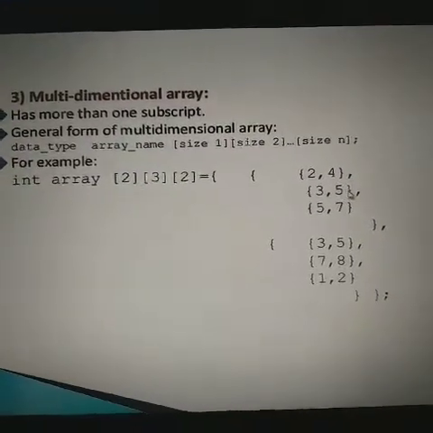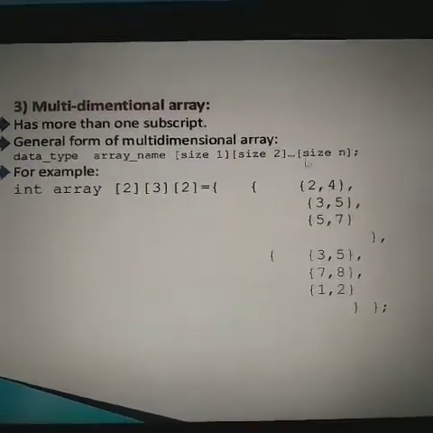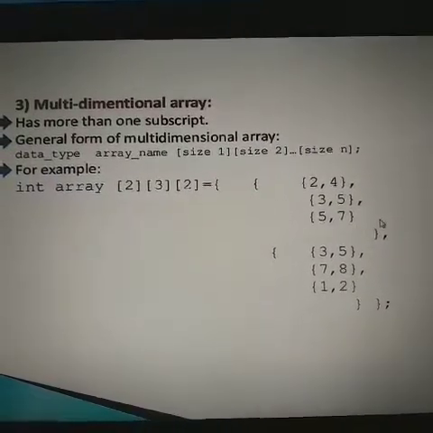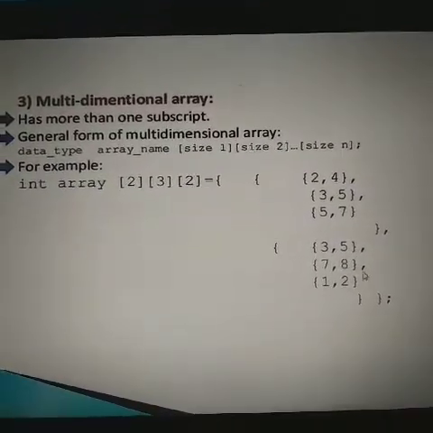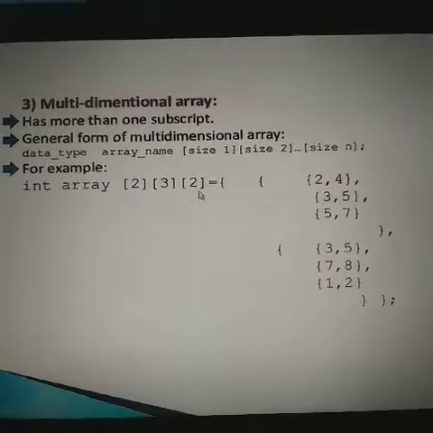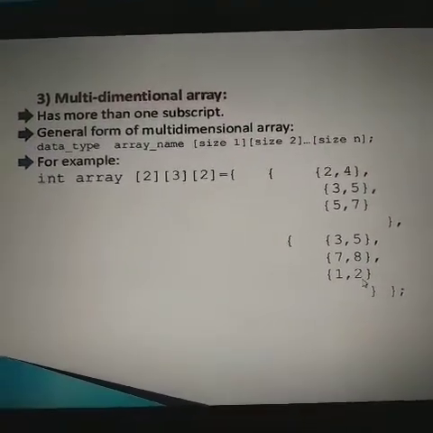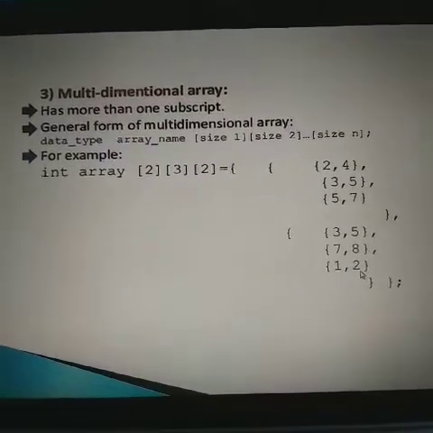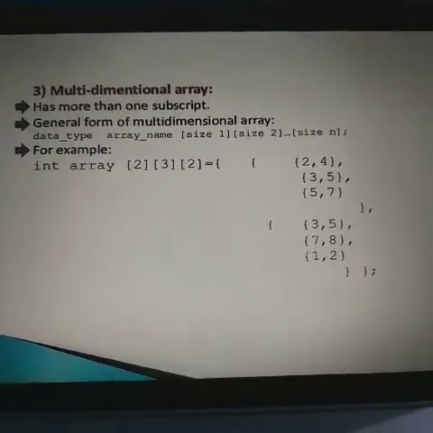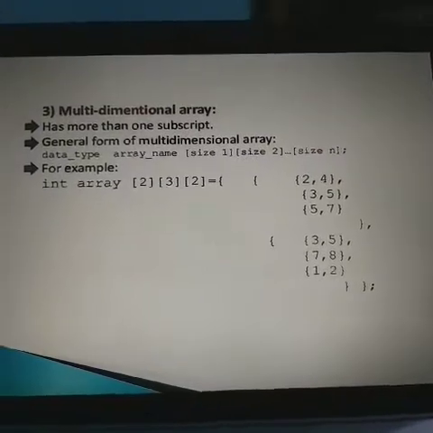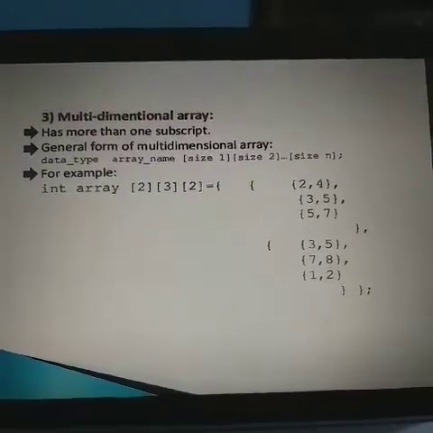There are three rows and two columns. These are the first values for the matrix, and the second values are also represented, which states that there are also two columns and three rows. So the multidimensional array is used to represent more than two dimensions.